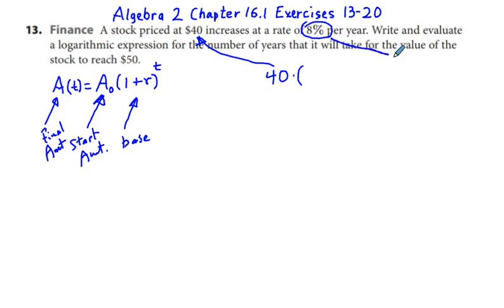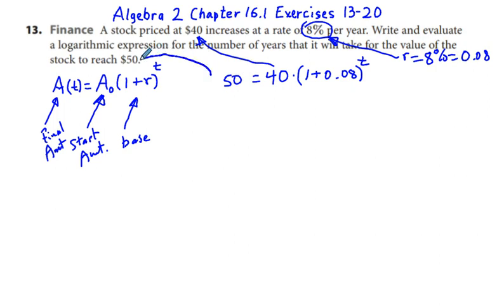This is called our value of r. It's 8%, but in decimal form is what we really need, which is 0.08. So what we have here is 40 times 1 plus 0.08 to the power of t, and then that is equal to our final amount, $50.